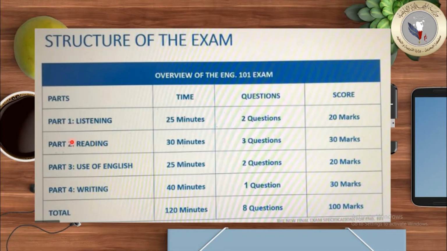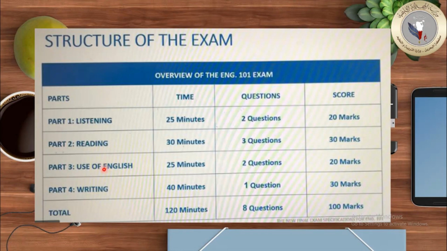Then we have part 2, reading. We have 3 different questions based on one text. Okay, and the time is 30 minutes. For the marks, it's out of 30 marks. Then comes part 3, the use of English.